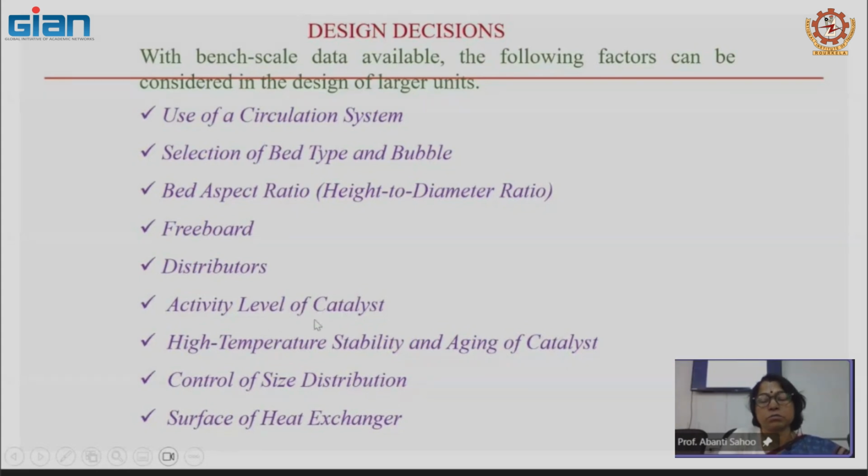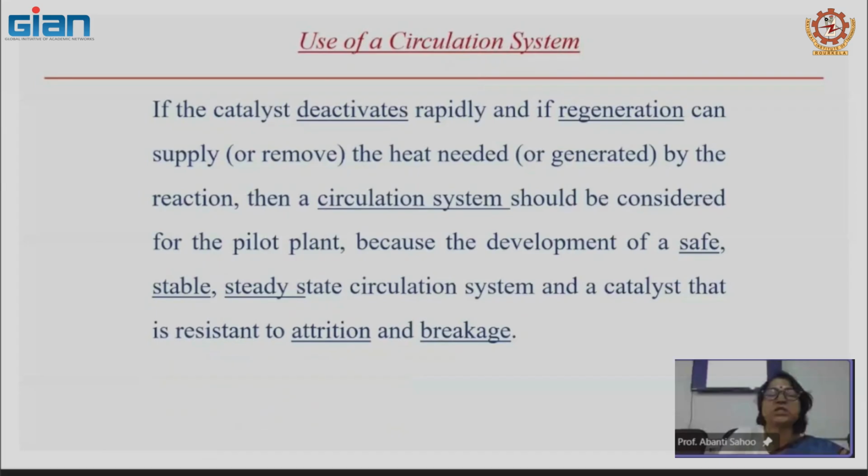quantity, or not up to satisfaction, and that will affect the rate of reaction. Again, high temperature stability: sometimes the catalyst may be unstable at high temperature and it may age also. So, these are the problems that might occur during operations, for which sometimes the catalyst deactivates rapidly.